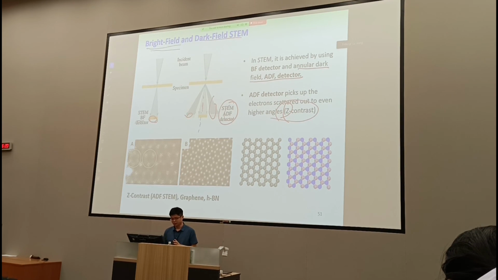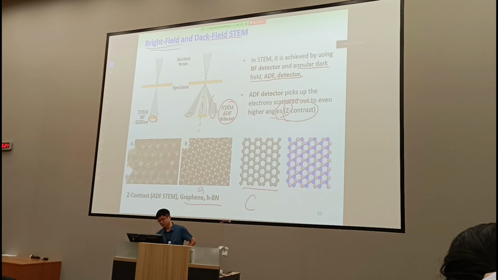So this bending angle is also related to Z, the nuclear charge of the element. Very sensitive. So that's why you can use it to identify the position of these atoms. For example, one image is graphene, one image is boron nitride. They have a very similar structure. In graphene, all the sites are carbon. In boron nitride, you have nitrogen, you have boron, right? So there are two STEM images.